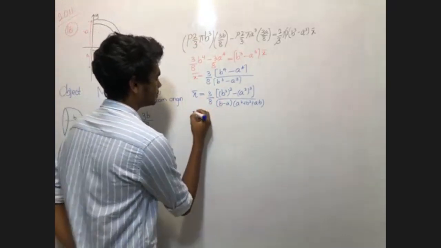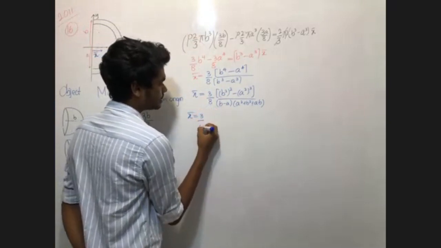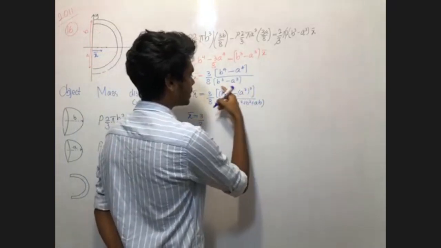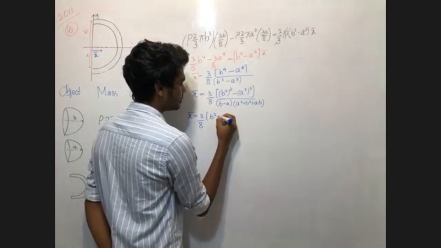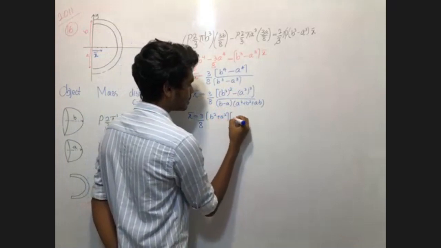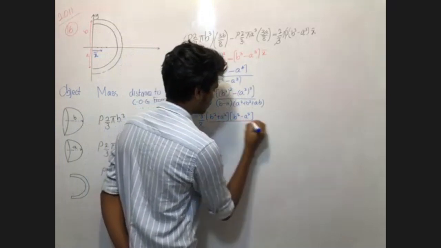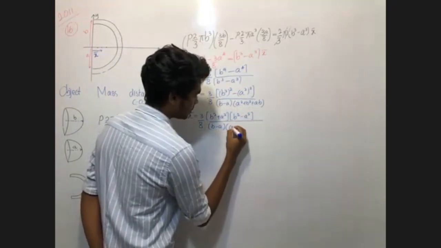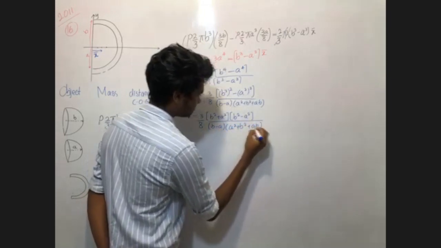Further, 3 over 8, B squared minus A squared. So what is this? Difference of two squares: B squared plus A squared into B squared minus A squared, over B minus A into A squared plus B squared plus AB.